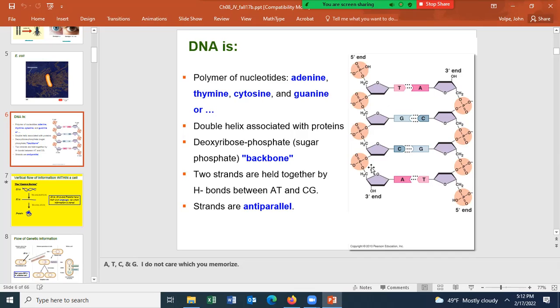The two strands are held together only by hydrogen bonds at the nucleotide bases. A binds with T and forms two hydrogen bonds. C binds with G and forms three hydrogen bonds. The strands run anti-parallel, meaning one strand runs this way, the other strand runs that way. Any questions about any of that?